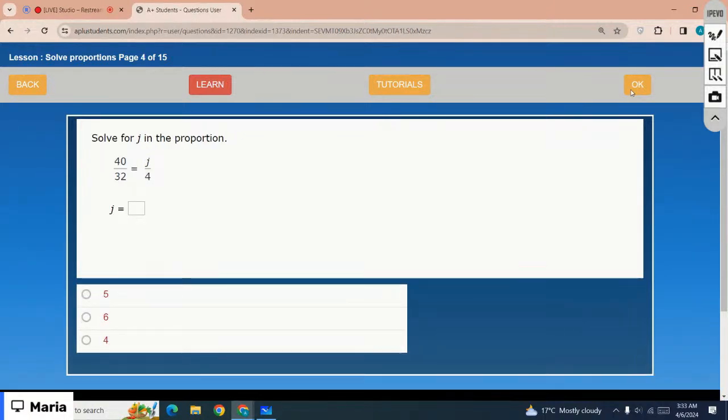Okay, solve for j in the proportion. You have to solve now and tell me the answer, right? So which is the correct option? Just solve and write the answer in the chat box.